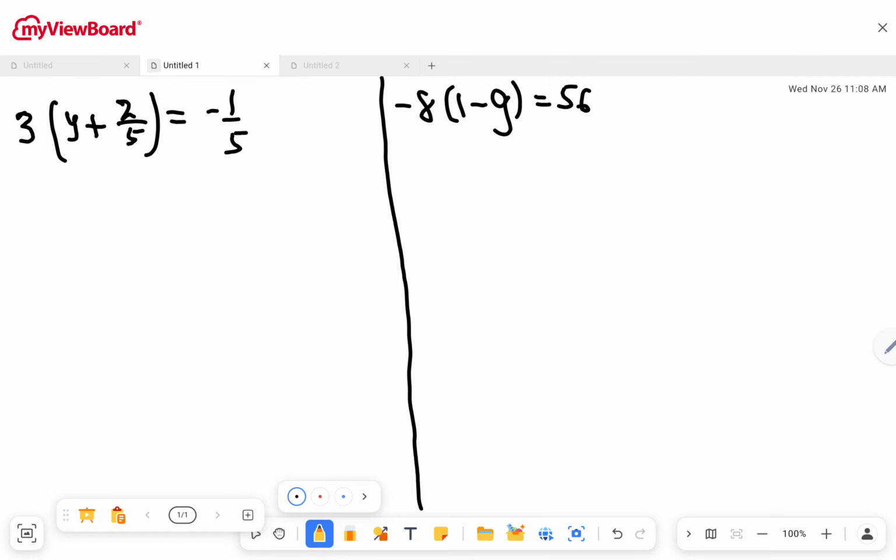So this is what I'm trying to let you understand. We are going to use the distributive property. The distributive property says that this 3 is supposed to multiply this y. So we are going to have 3y.